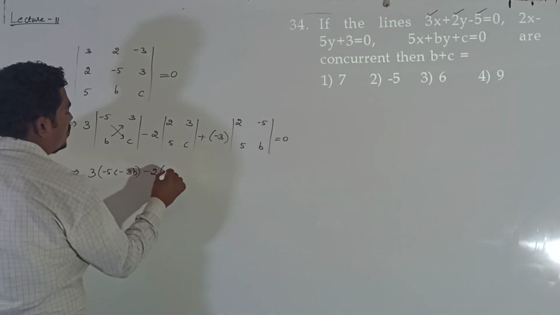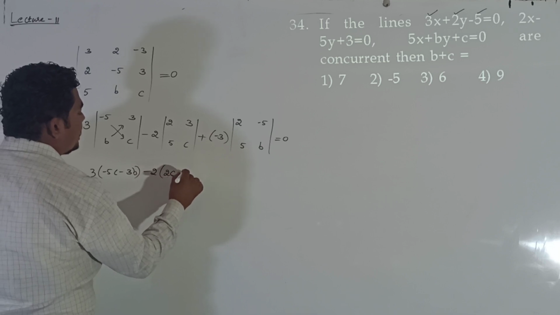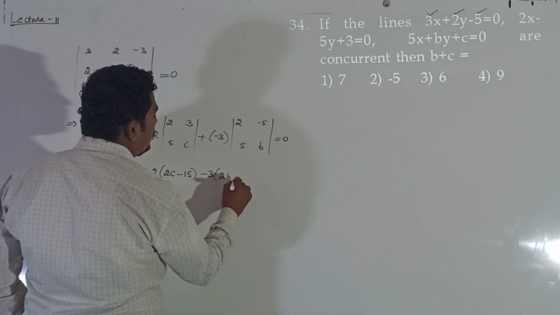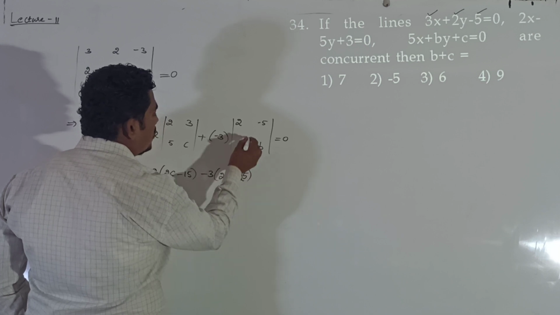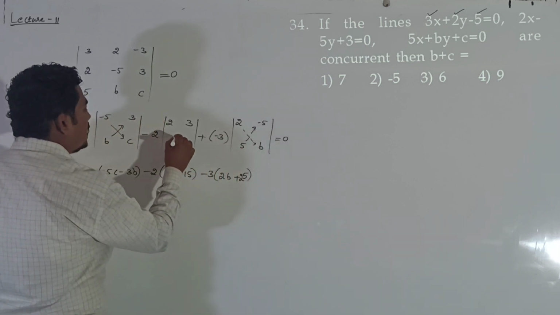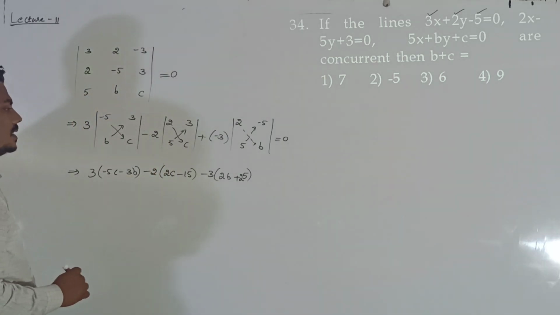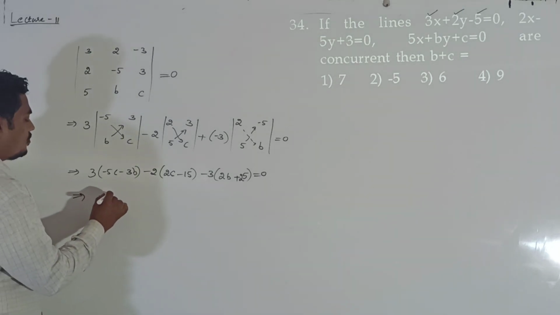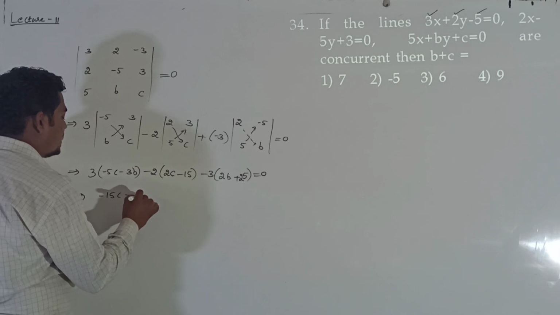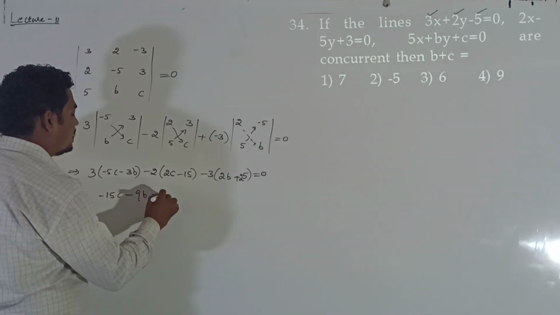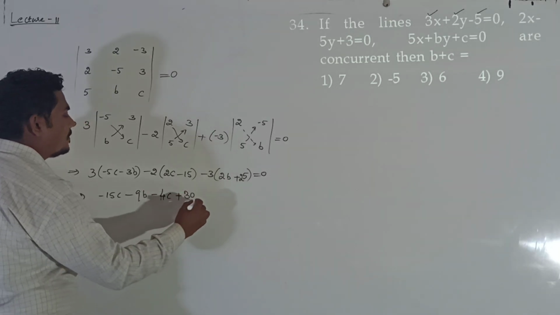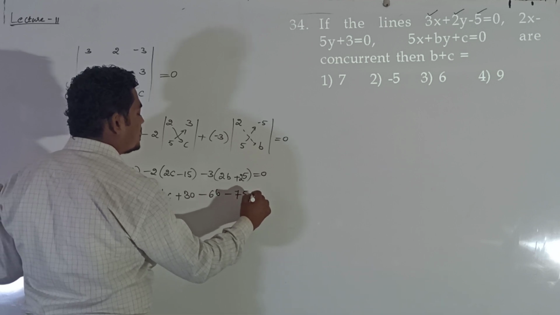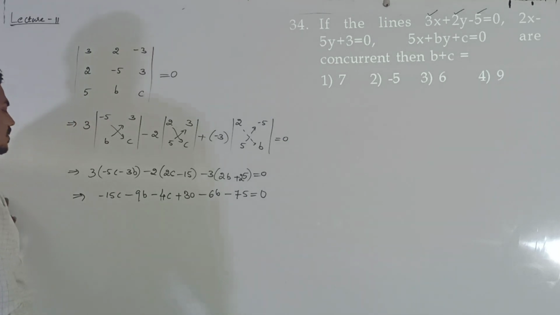Minus 2 into 2c minus 15. Minus 5 into 2b plus 25, product of diagonal elements minus non-diagonal, equal to 0.